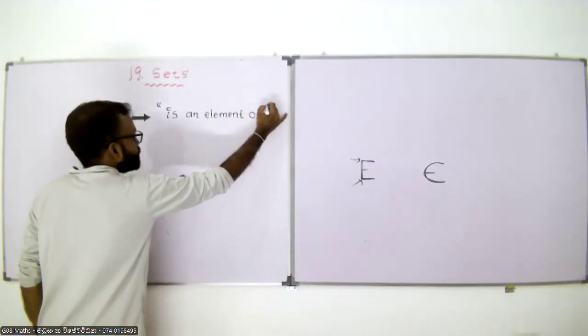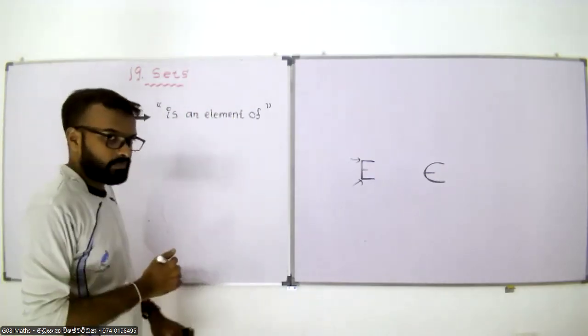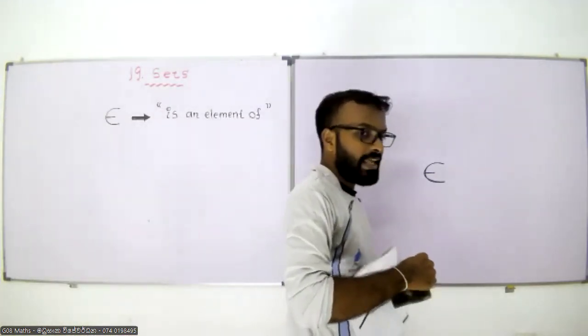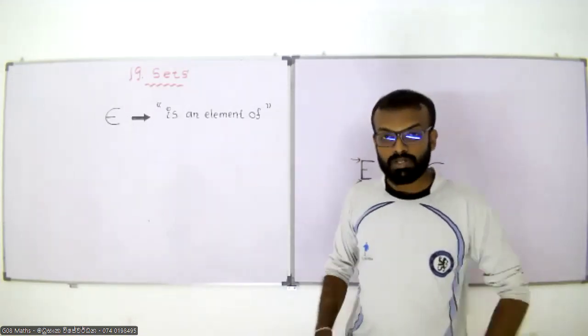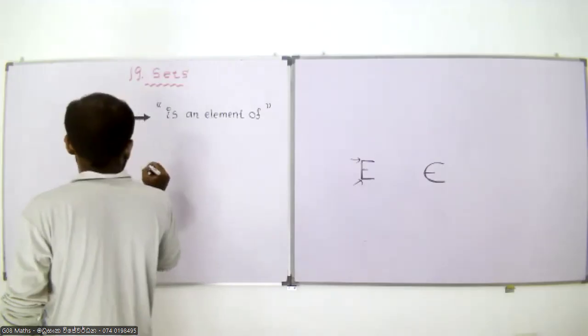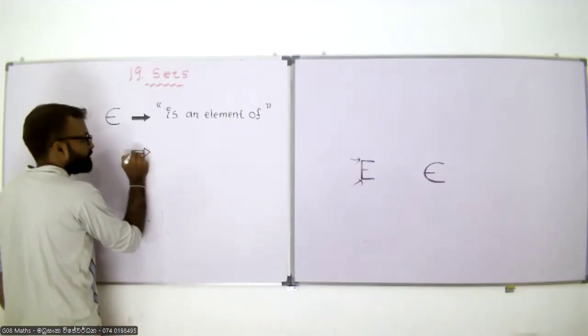Please write this down. The next symbol I am going to give you is "is not an element of," which is another very easy one.